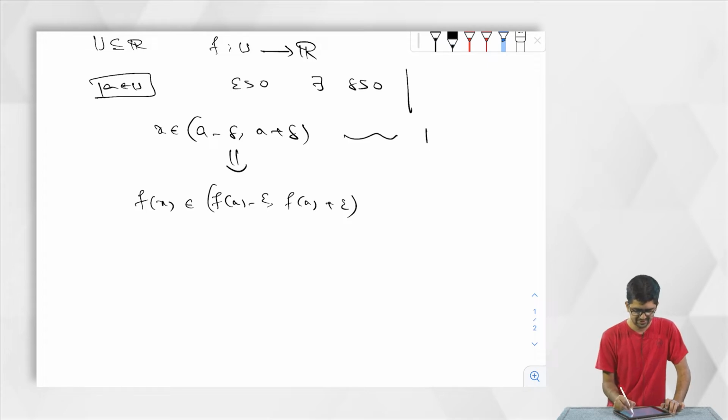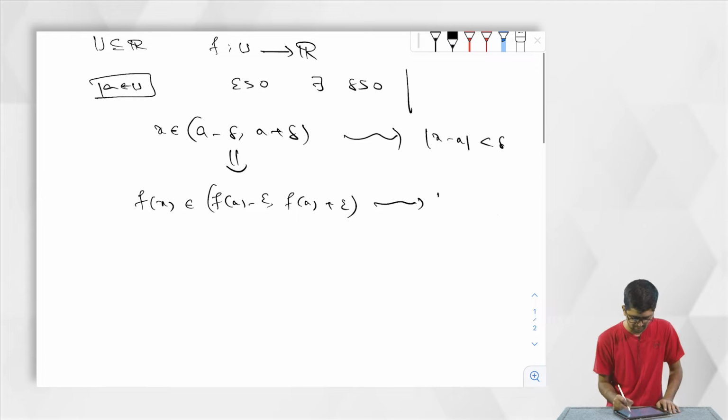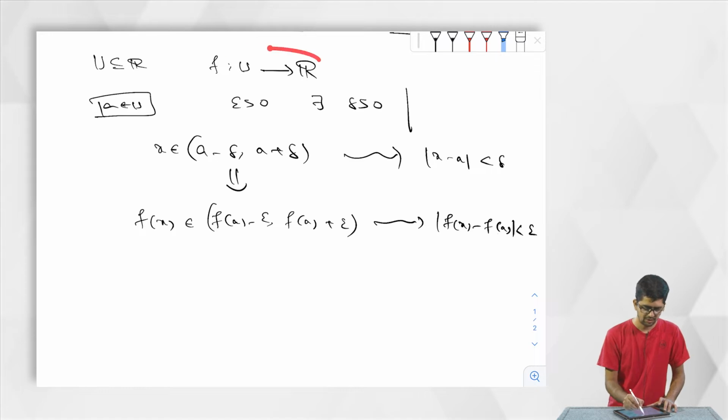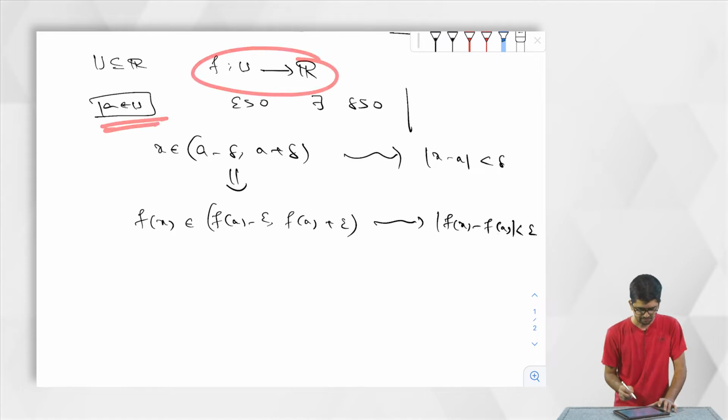This is the same as saying mod x minus a is less than delta implies mod f x minus f a is less than epsilon. So this is about continuity of the function f at this point a.